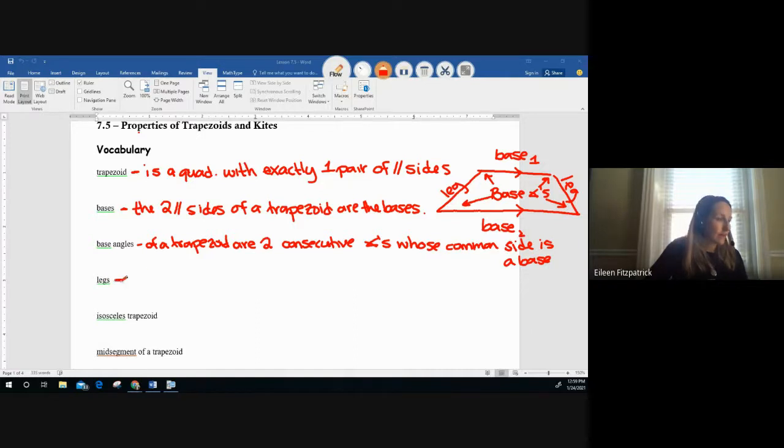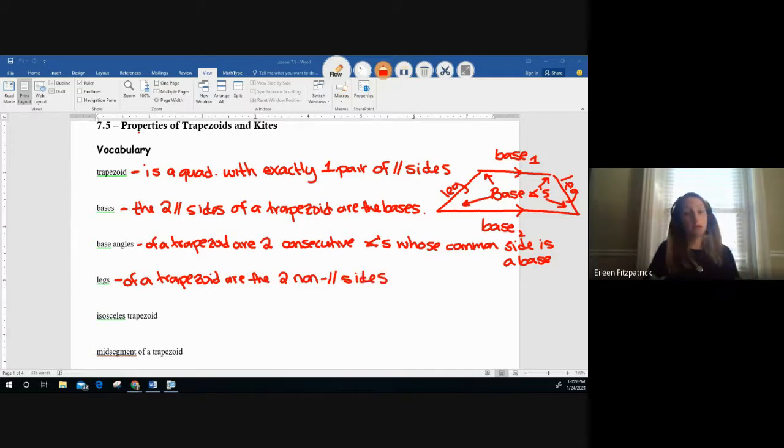All right, the legs of a trapezoid are the two non-parallel sides. Now, the legs may be congruent to each other, but they don't have to be congruent to each other. Okay. It depends on what type of trapezoid. So if we're looking at an isosceles trapezoid, then your legs are congruent.